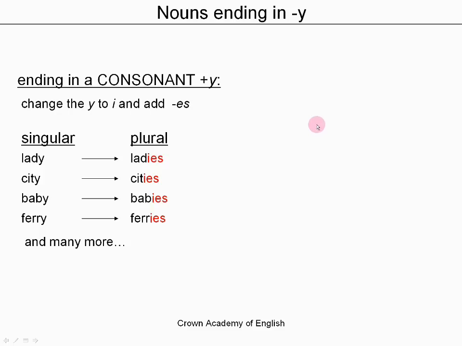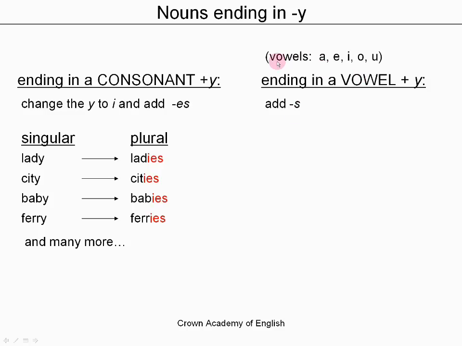Now there is another case here, we can also have nouns that end in a vowel and then the letter Y. And here it is just like a regular noun, so we add a letter S to the end.